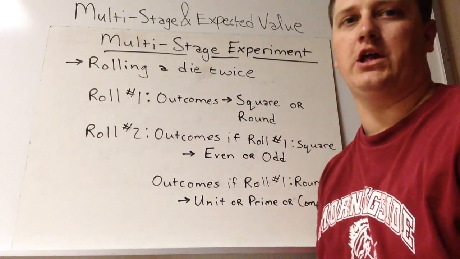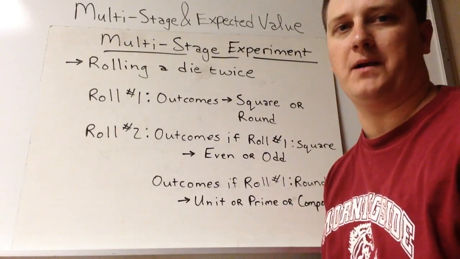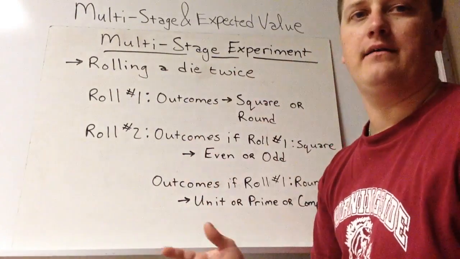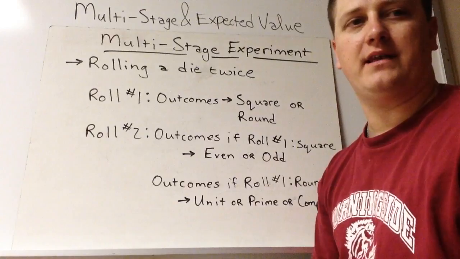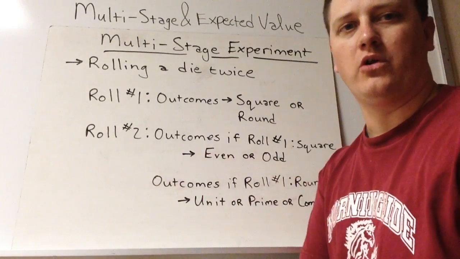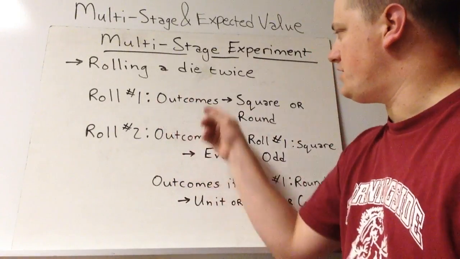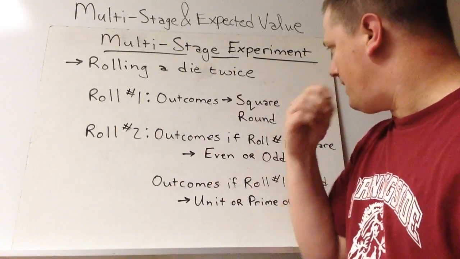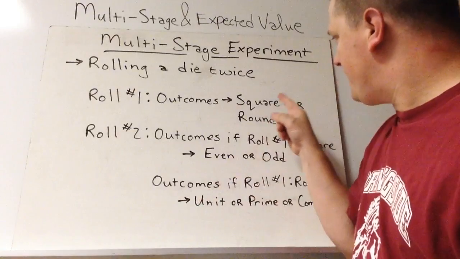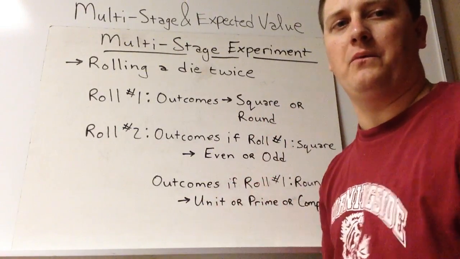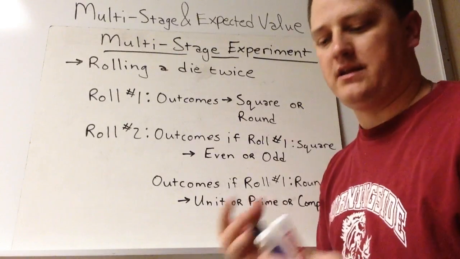The first thing we're going to look at is a multi-stage experiment. So what we're going to look at is rolling a die twice. If you take a die and you roll it, you're going to have certain outcomes. In the first situation, we're going to look at two possible outcomes: a perfect square or a rounded square. Basically, what I mean is a number that is a perfect square.